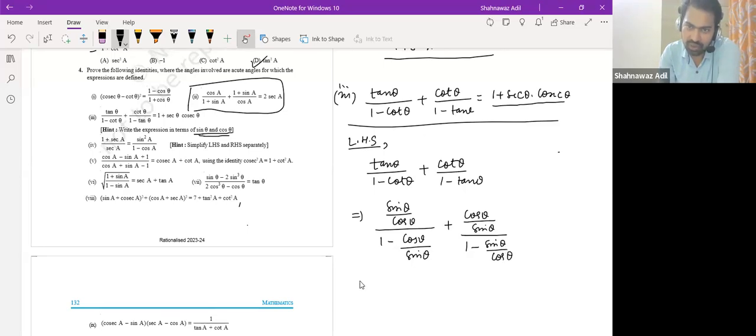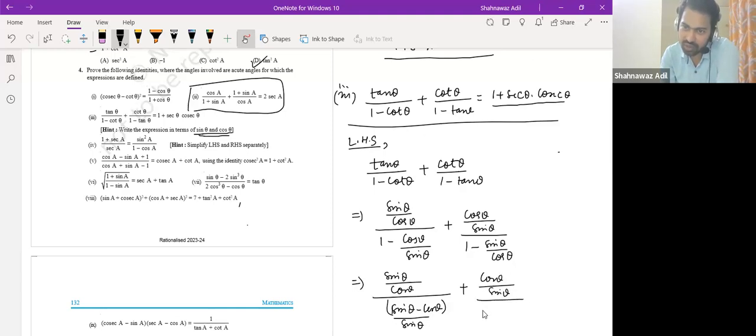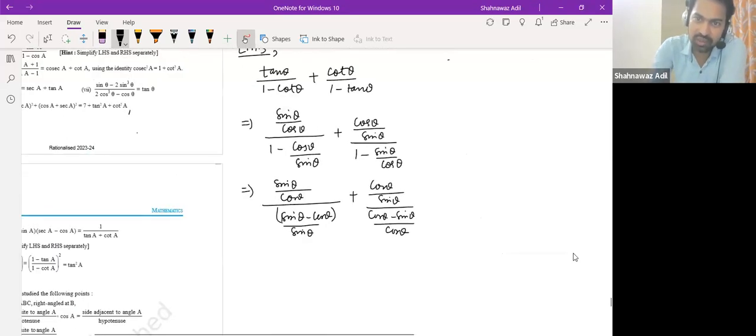So let us simplify that. Sine theta by cos theta divided by, taking the LCM, sine theta minus cos theta over sine theta. And then we have cos theta by sine theta, and then cos theta minus sine theta divided by cos theta. So these are the two things.